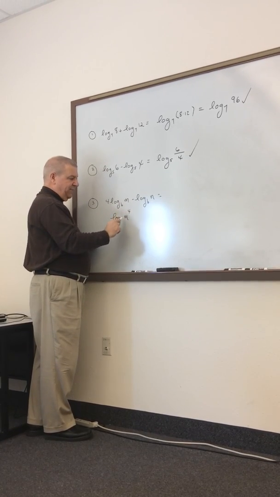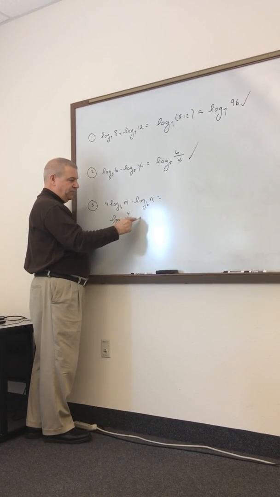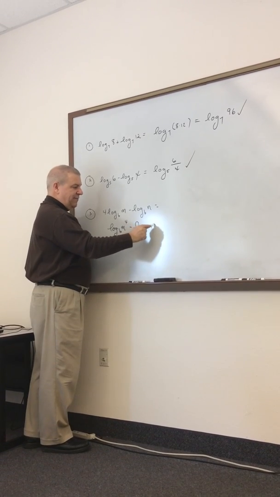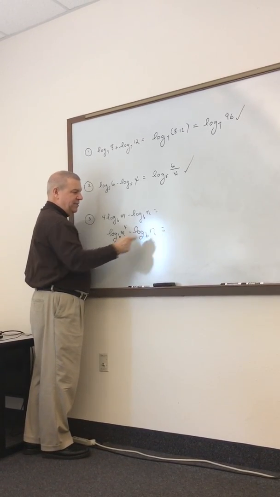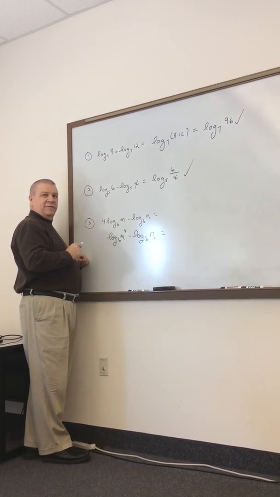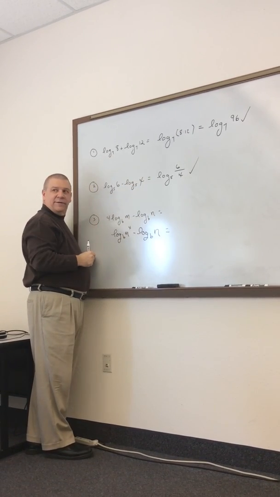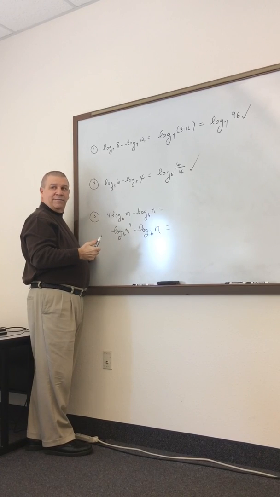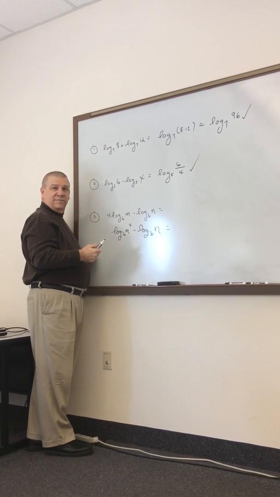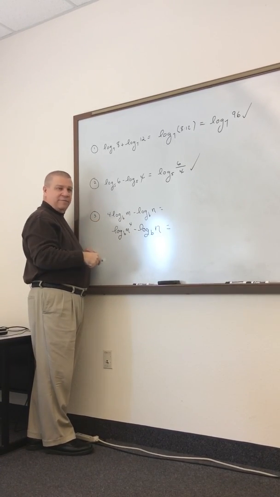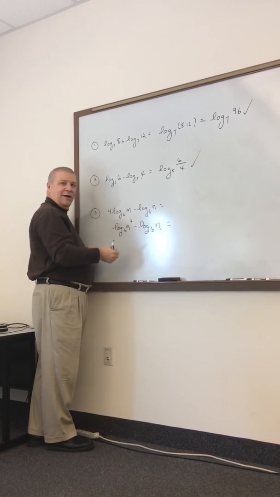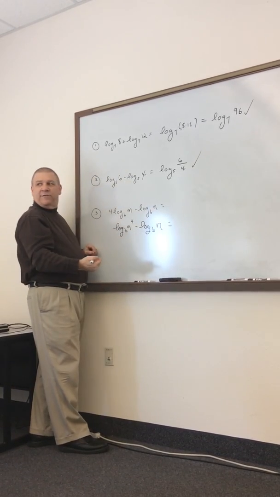The log of m to the 4th to the base b minus the log of n to the base b. So what's the final answer? Now here's the log of something, subtract the log of something, just like that. What's the single logarithm? Come on, these are easy. What's the one single thing going to be there?